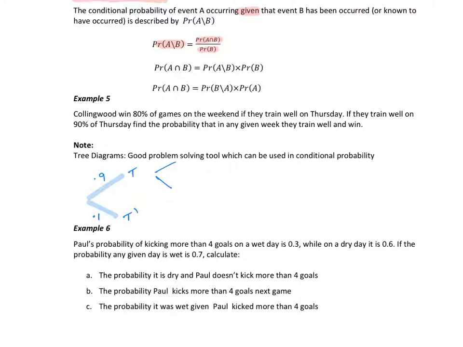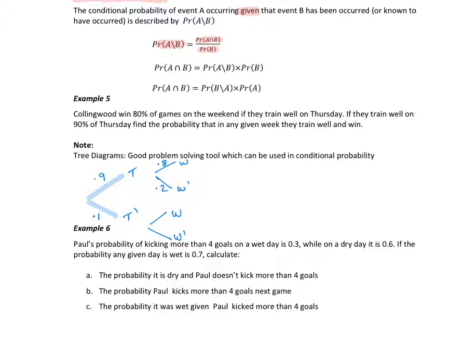And then depending upon they win or they lose, so I'm going to write win or don't win. If we train well, we win 80%. So that's 0.8, that's 0.2, all right?